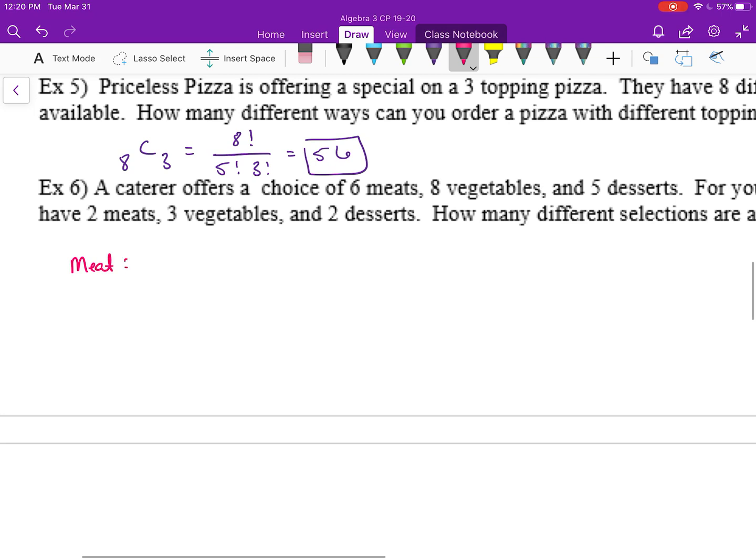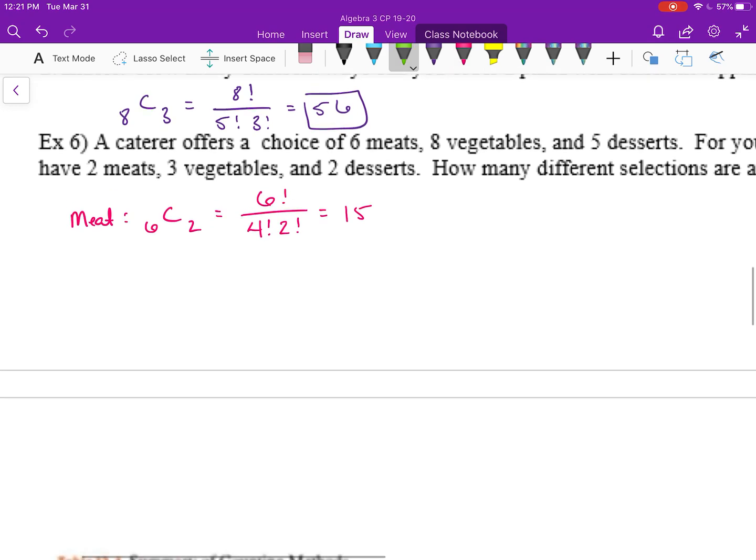So the first part, you're brought the meat menu. All right. And so you look, and there are 6 total choices, of which you're going to choose 2 of them. All right. So that's our 6 factorial over 4 factorial, 2 factorial. And so we have 15 different choices for the meats.